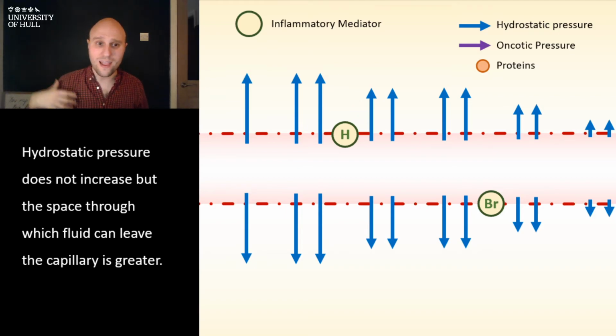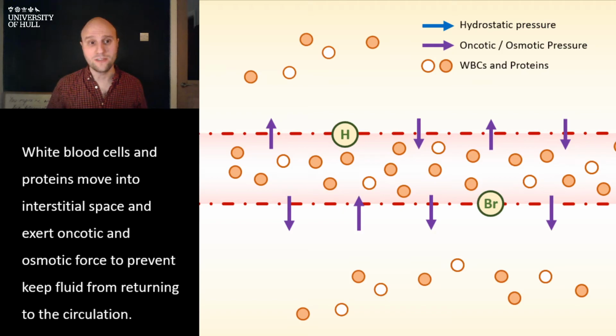And then on top of that, we have this situation whereby the pores or the holes within the capillaries are so large that proteins and cells such as white blood cells can leak out of the intravascular space and into the interstitial space, and in themselves then be exerting oncotic pressure.